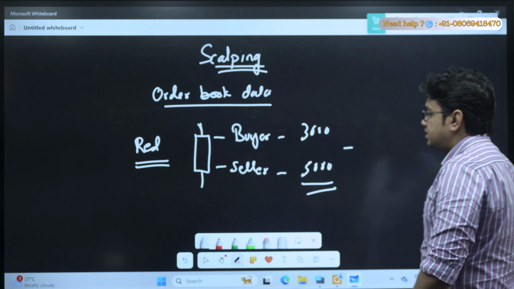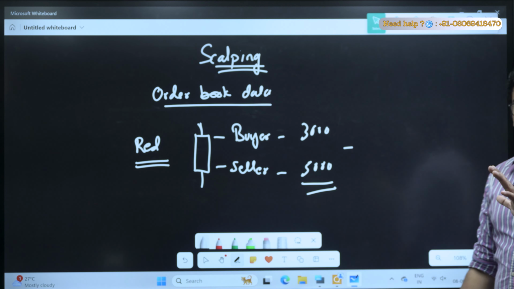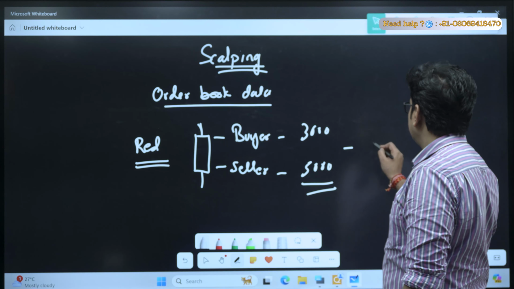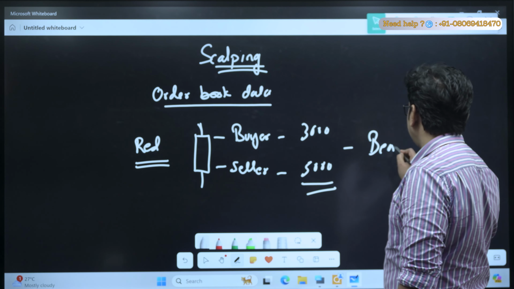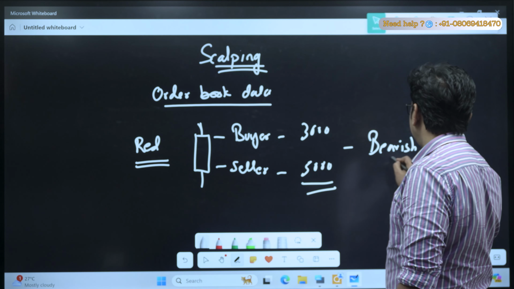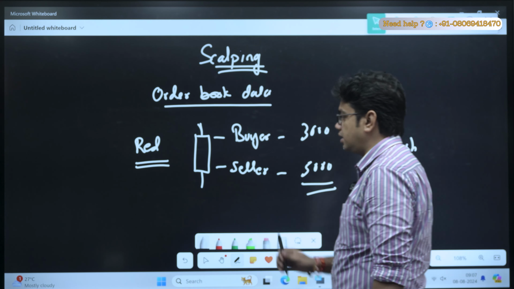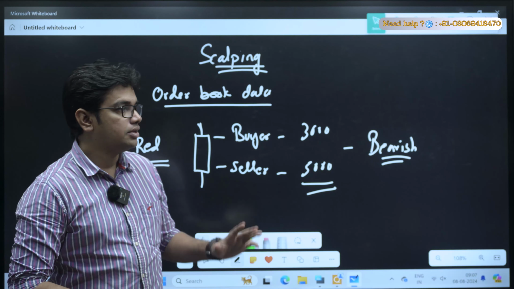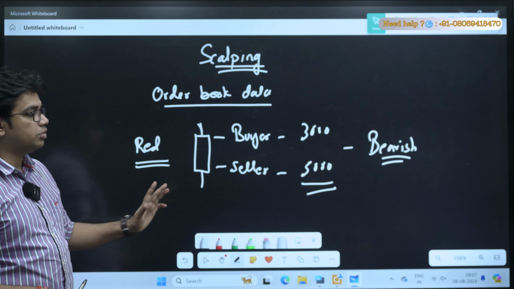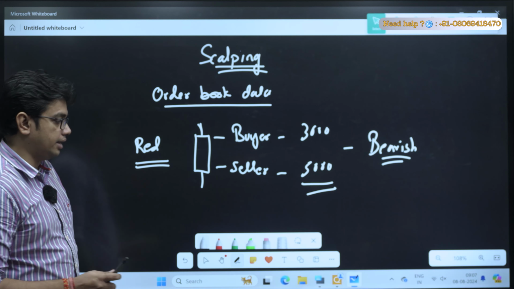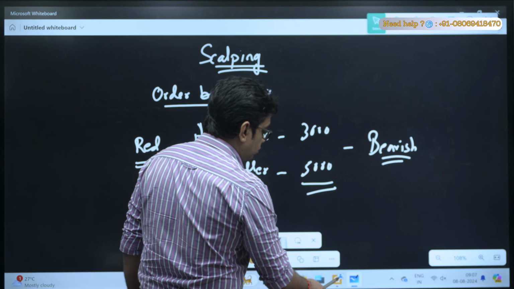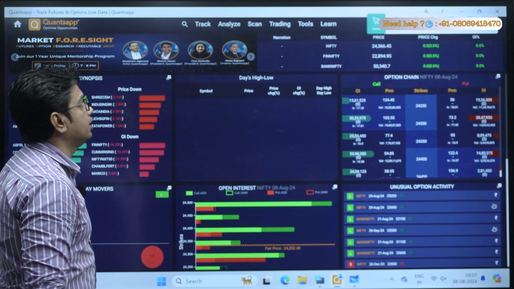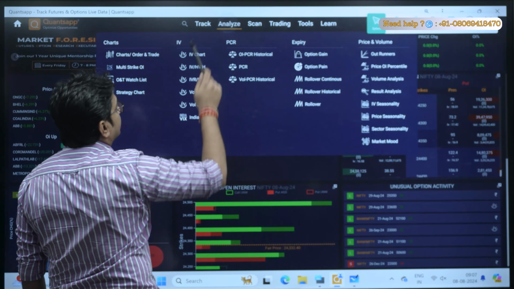That means sellers are more dominant as compared to buyers, so there might be a bearish trend in that candle, and I can initiate the trade toward the downside. So this is about order book candles, the order book data. Now let me show you how to utilize the order book data. Now I'll go to analyze.